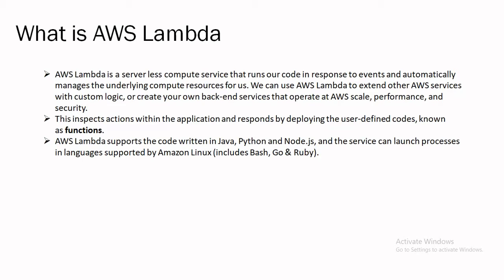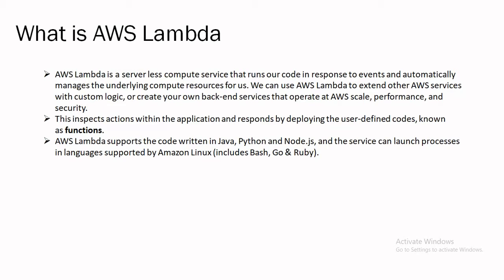AWS Lambda can automatically run code in response to multiple events such as HTTP requests via Amazon API Gateway, modification to an object in Amazon S3 buckets, table updates in Amazon DynamoDB, and state transitions in AWS Step Functions.